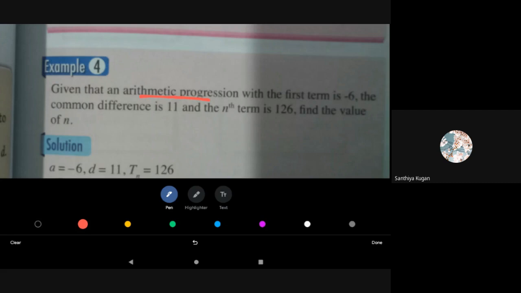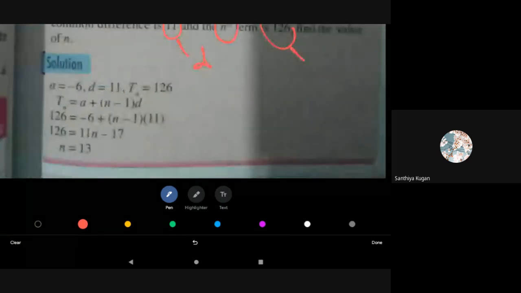So given an arithmetic progression, the first term is negative 6, so this is the a. Then the common difference is 11, so here is d. And next, the nth term. We don't know the n, but we have the Tn value, which is 126. So from the formula, we have Tn equals a plus n minus 1 d.